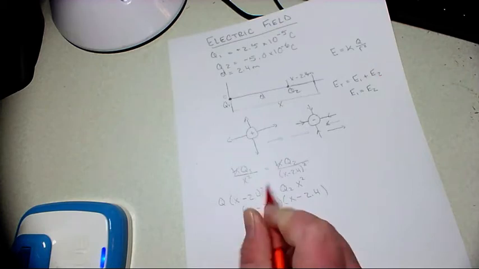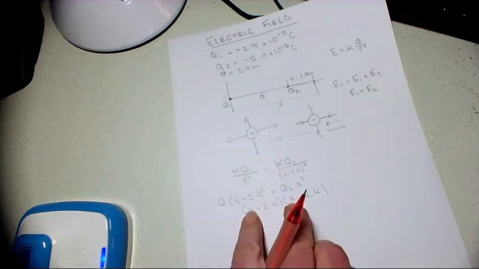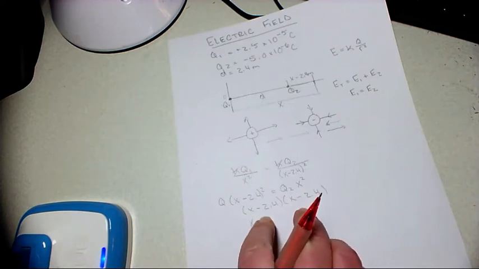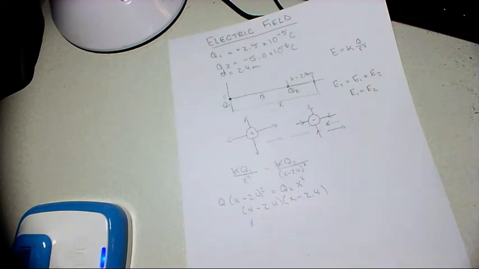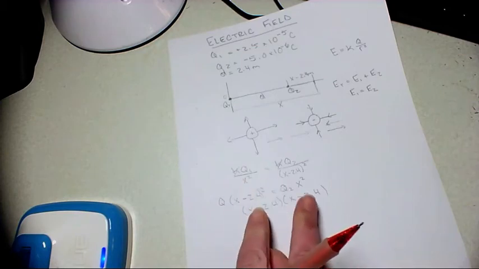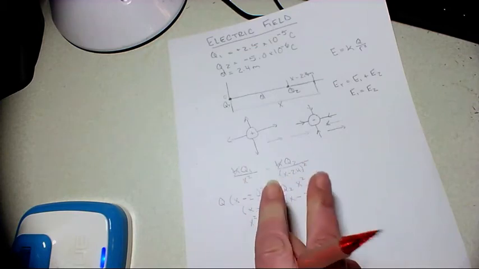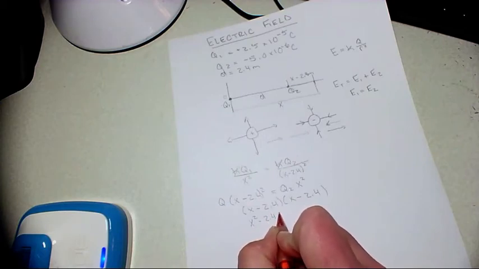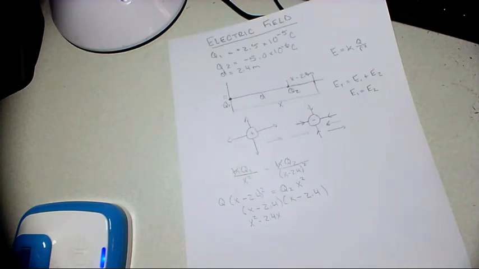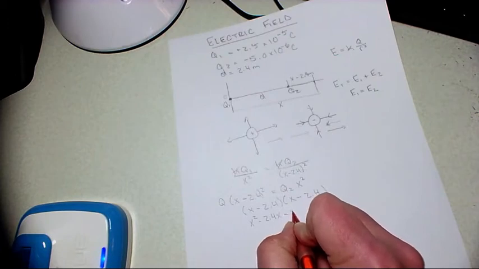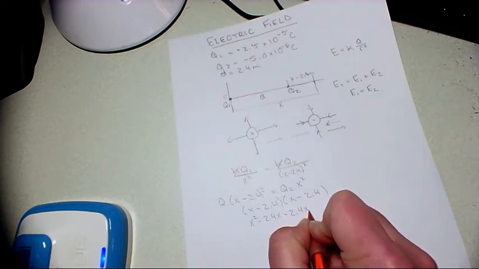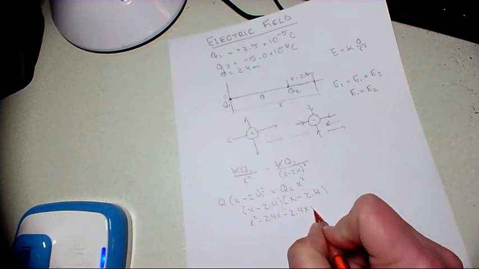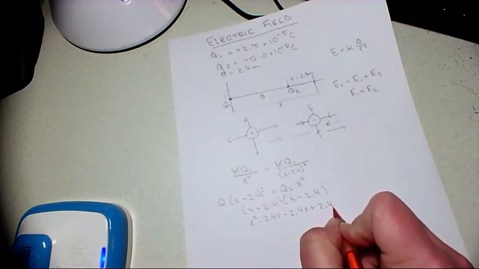They call it first, outside, inside, last. That's what FOIL stands for. So x times x, x squared, minus 2.4 times x, minus 2.4 times x, plus 2.4 squared.